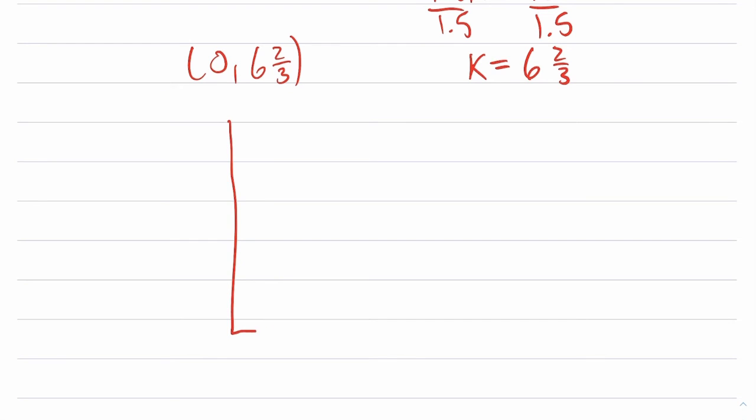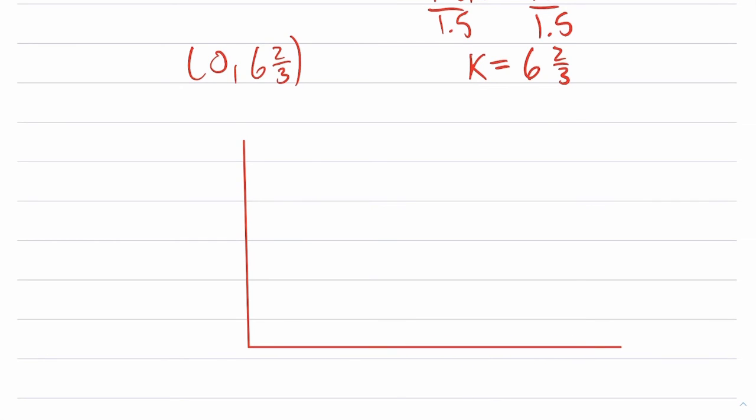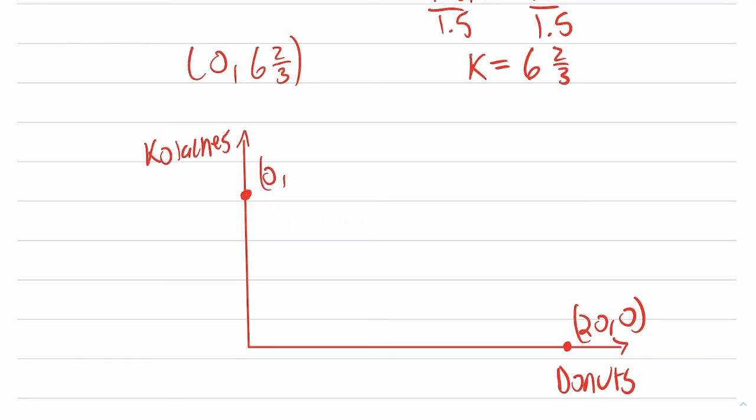So when we make this graph, we have kolaches on the y-axis, donuts on the x, and we could buy 20 donuts with 0 kolaches, or we could buy 0 donuts and 6 2/3 of a kolache if we spent all of our money.